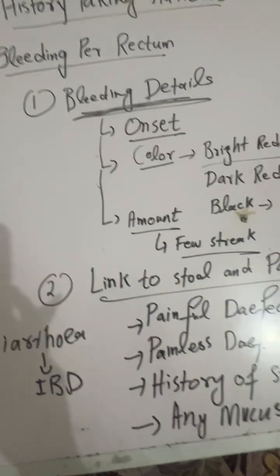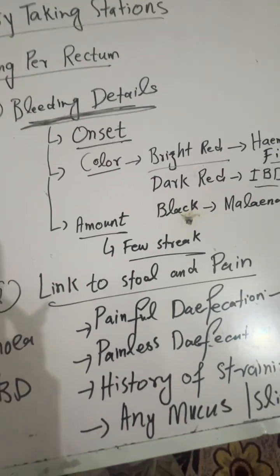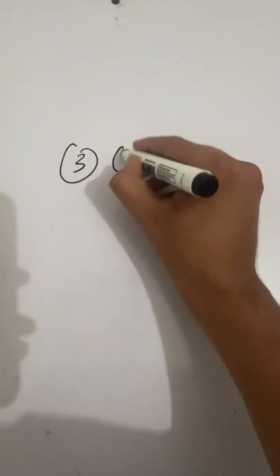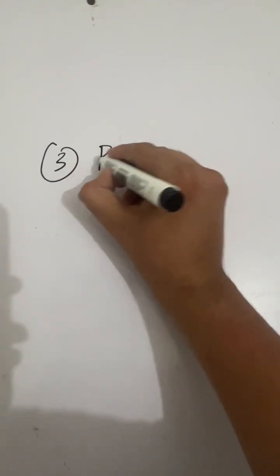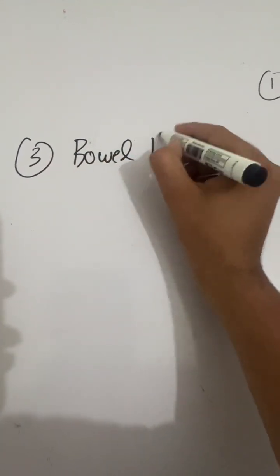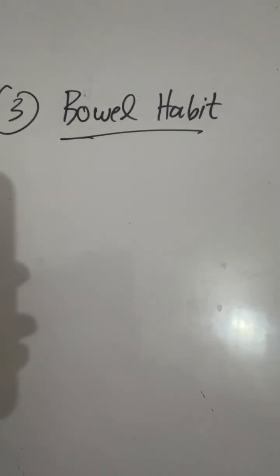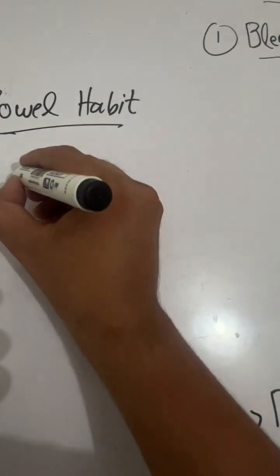The third thing which we will ask the patient about is the bowel habits. This is very important. We will ask the patient whether his or her bowel motion has changed recently or not.